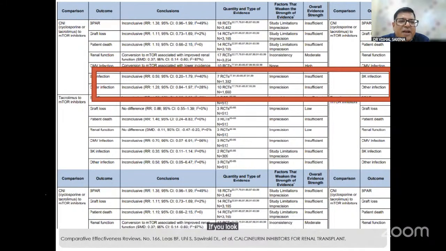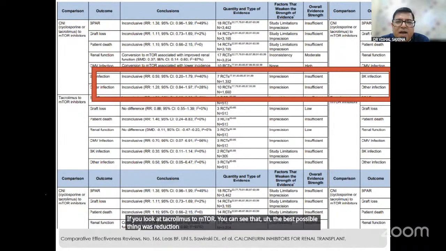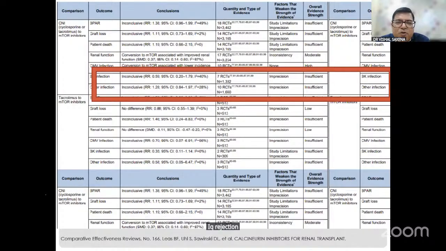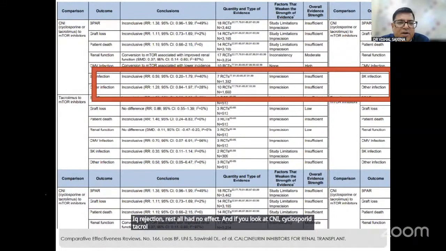If you look at tacrolimus to mTOR, the best possible thing was reduction in biopsy-proven acute rejection. Rest all had no effect. If you look at CNI, cyclosporin or tacrolimus, to mTOR, biopsy-proven rejection, graft loss, and patient death were all inconclusive. The moderate evidence was renal function: conversion to mTOR inhibitor was associated with improved renal outcome.